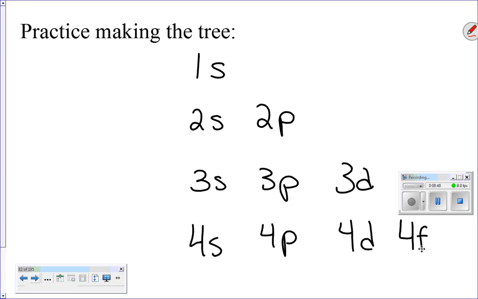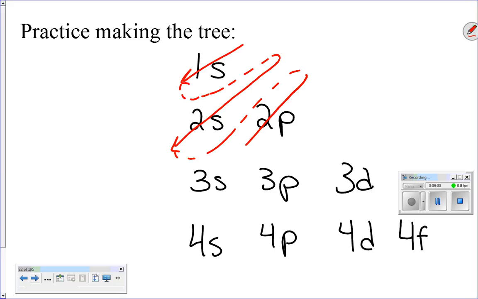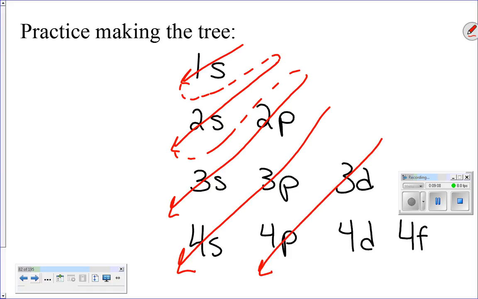So I'm going to start up here, and then I kind of like to say, okay, and then I'm going to go next to the 2s, then swoop, swoop, swoop, swoop, swoop, swoop, then 2p, 3s, then back up to the top, and back up to the top, and etc. This will take you up as high as you really need to go. If you can go up to about the 4p, we don't do atoms a whole lot bigger than that.